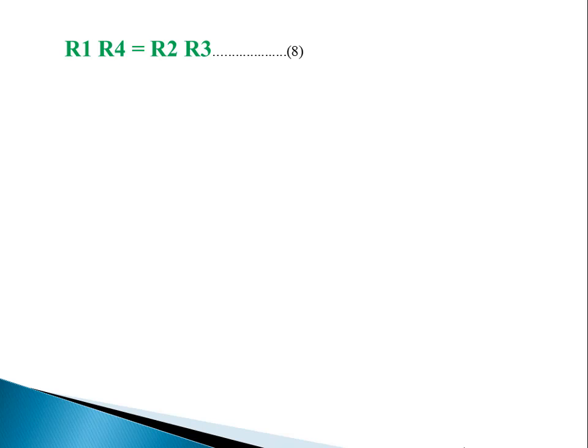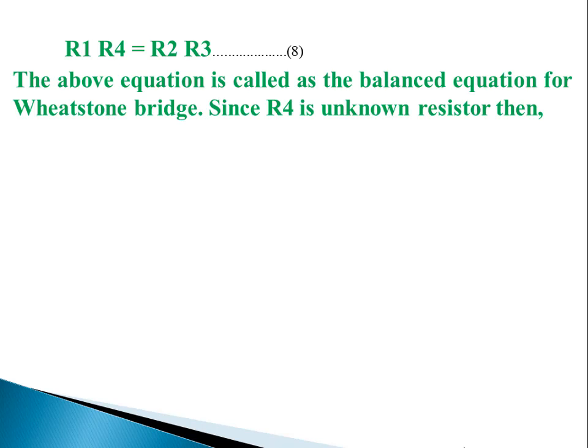Consider this as equation number 8. The above equation is called the balanced equation for Wheatstone bridge. Since R4 is the unknown resistor, R4 becomes R4 is equal to R2 into R3 divided by R1. Consider this as equation number 9.